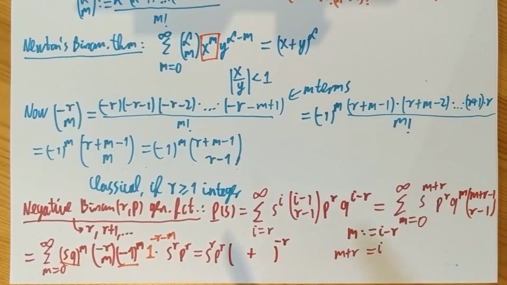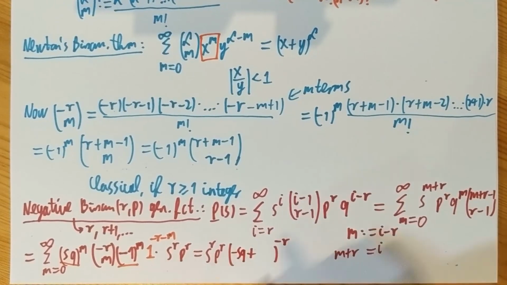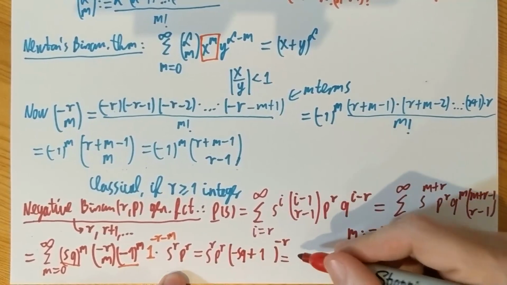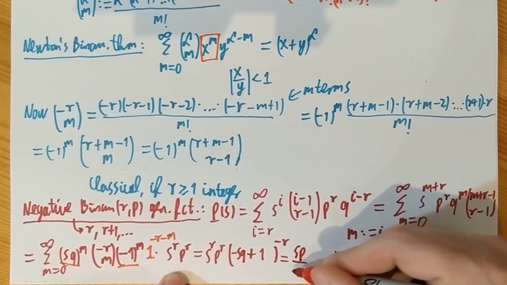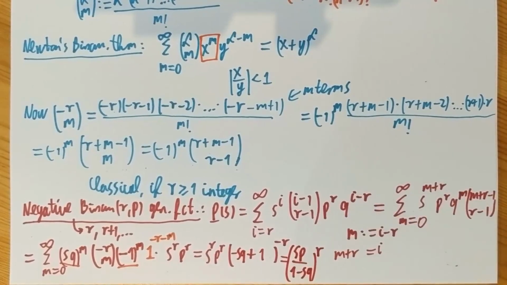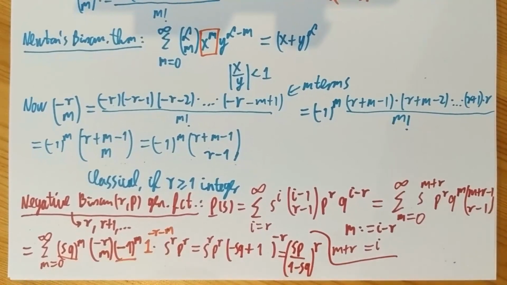What is x again? x is sq with the minus sign, and y is 1. So I end up with sp over 1 minus sq to the r's power, and that's my generating function for the negative binomial.